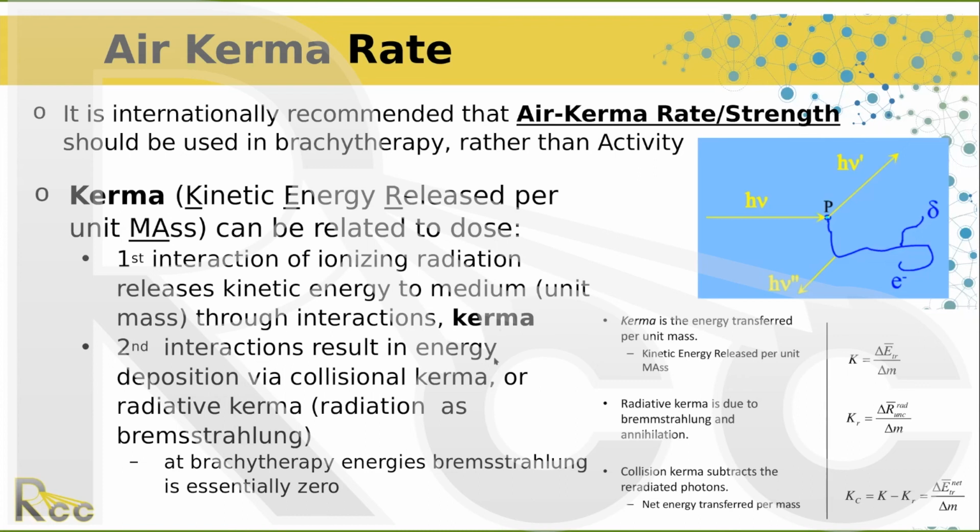The second interactions result in the deposition through collisional Kerma or radiative Kerma, and that's where your dose comes in. But in brachytherapy, the Bremsstrahlung is essentially zero, so you don't have so much escaping that volume. So you can kind of use Kerma as a surrogate for dose.